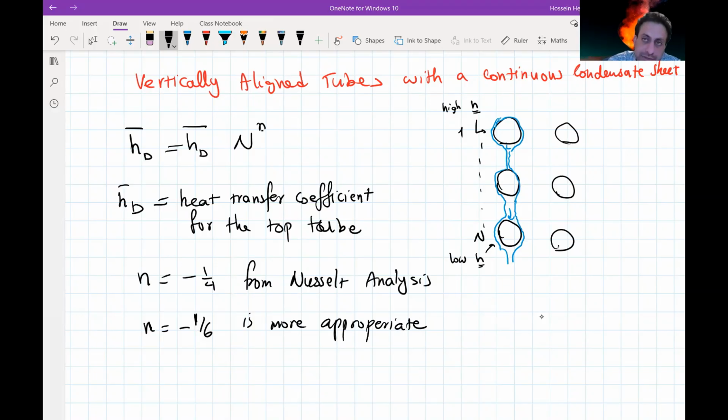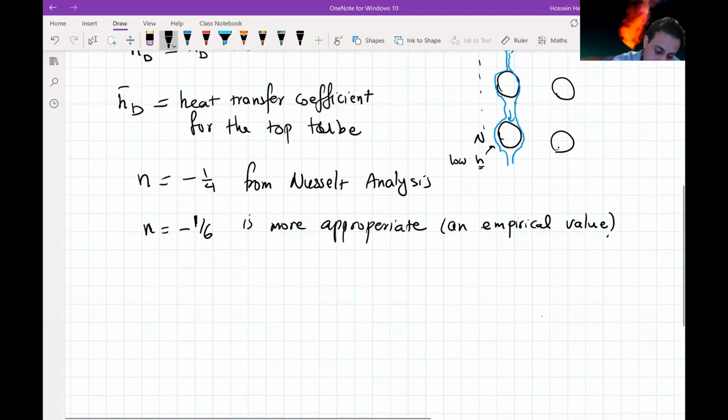It has a better match with experimental data. So this is an empirical value. So this is the condensation on the horizontal tube, a single tube, and a stack of multiple ones vertically on top of each other.